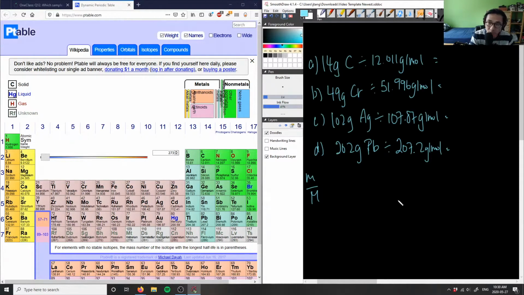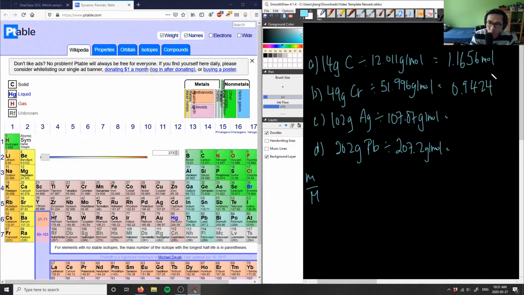So 14 divided by 12.011. It's going to be a value of 1.1656. I'm going to take 4 decimal places. 49 divided by 51.996 is going to give us 0.9424.